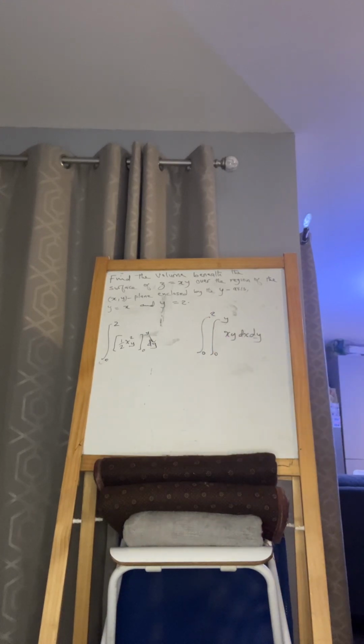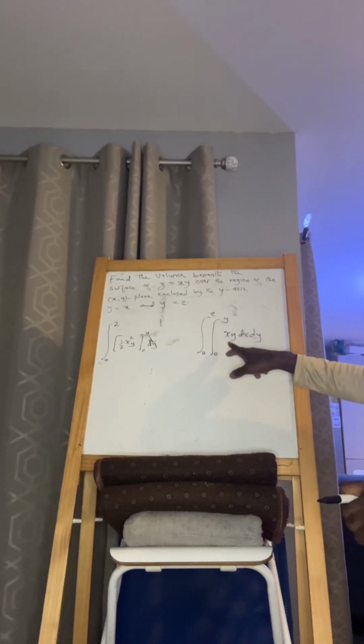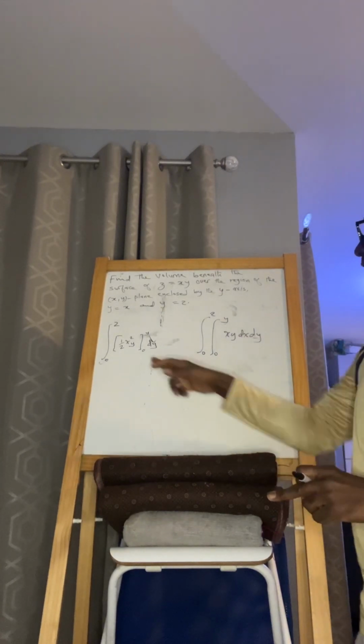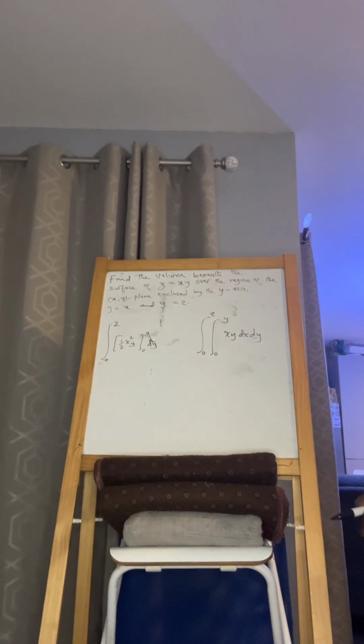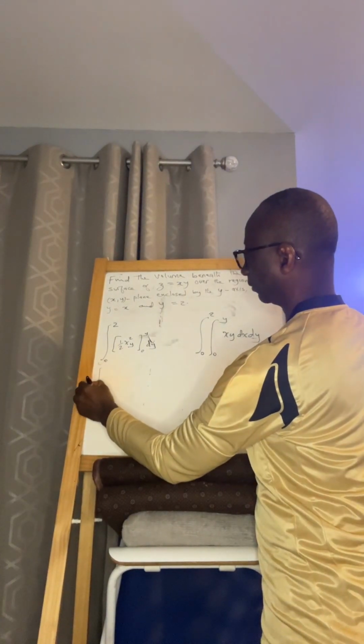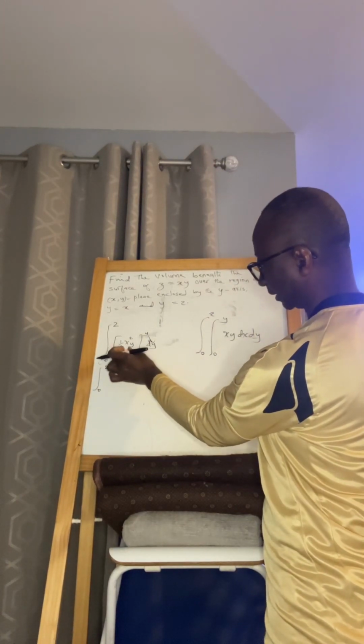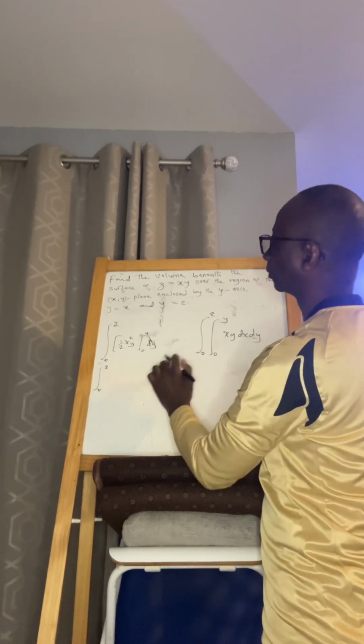So one integral is gone. We have integrated the x. We still have our limits 0 to 2. So now let's solve this first.